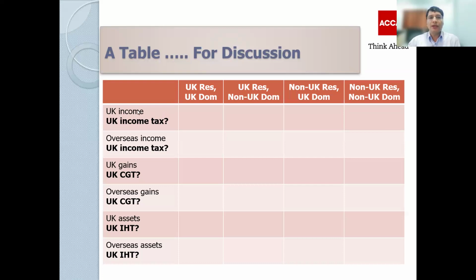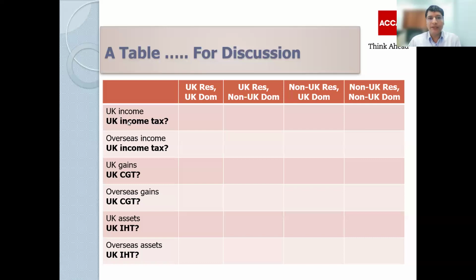So any UK income is liable to UK income tax regardless of the residency status of an individual. What I meant by that is whether someone is UK resident or not, if there is a UK income, for example, UK rental income, it is liable to UK income tax, whether UK resident or non-UK resident.